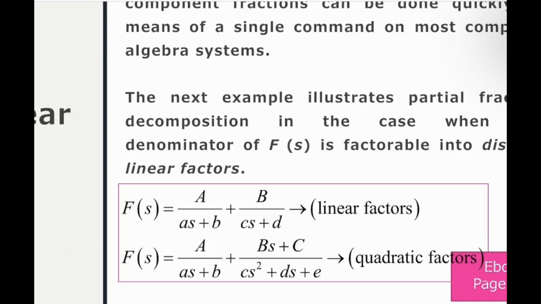So what is a rational fraction? A rational fraction is a fraction where the power of the numerator is less than the power of the denominator. So if you have, for example, the fraction F(s) equal to s plus 1 over s minus 2, this is not a rational fraction.